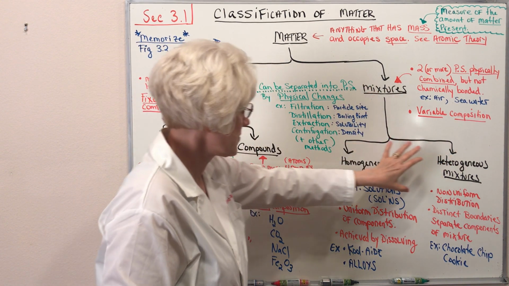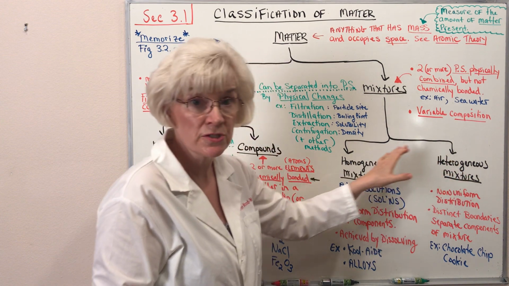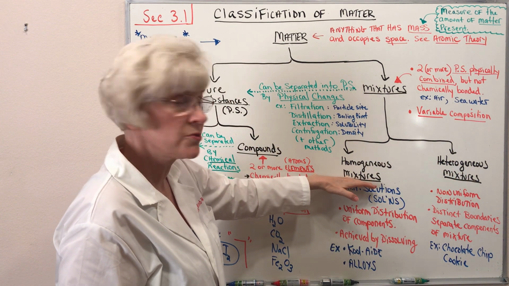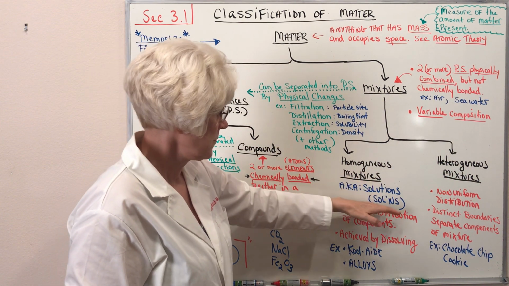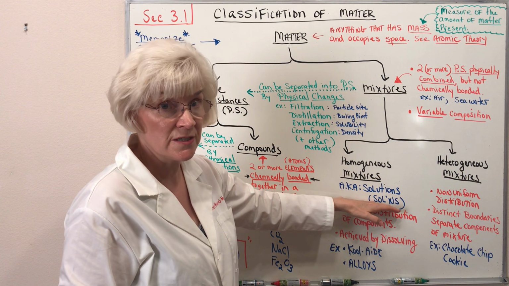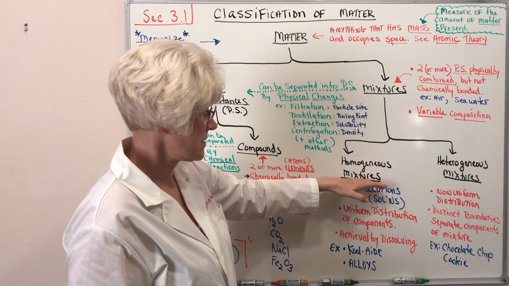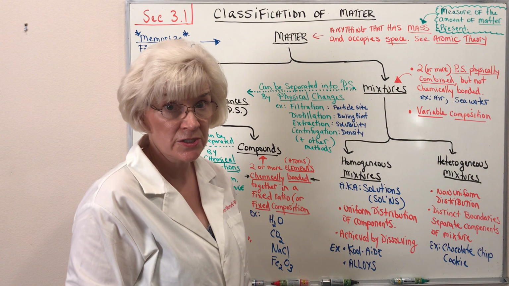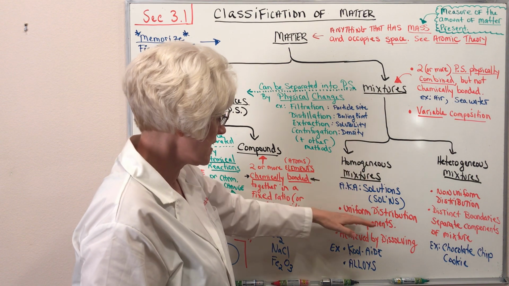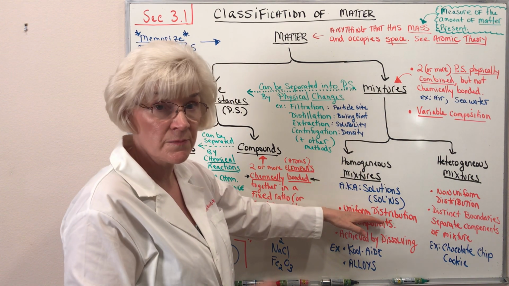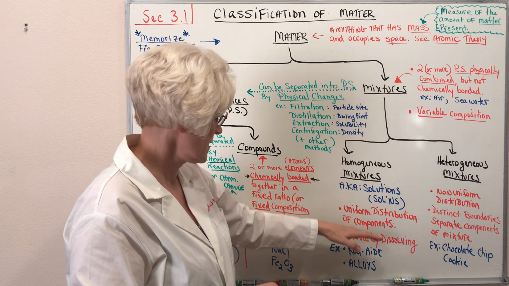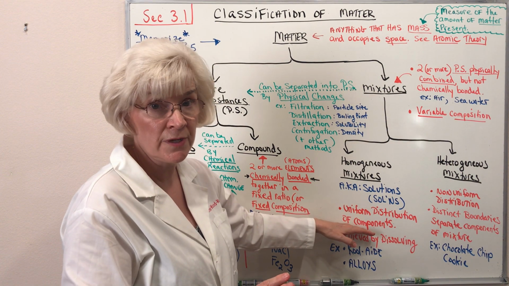Mixtures can be further subdivided into two smaller groups: homogeneous mixtures, which are also known as solutions. All solutions are homogeneous mixtures. Homogeneous mixtures are characterized by having a uniform distribution of components.